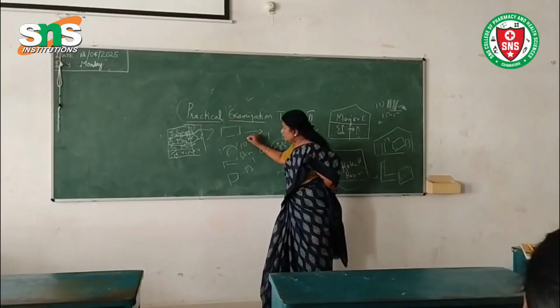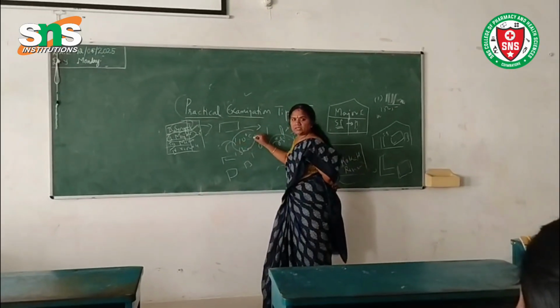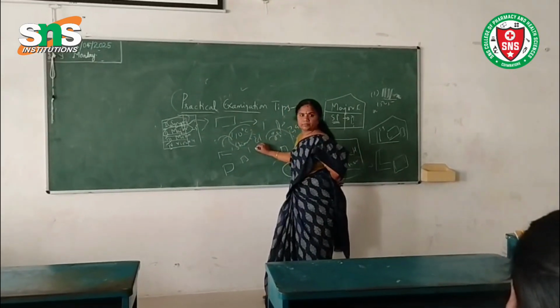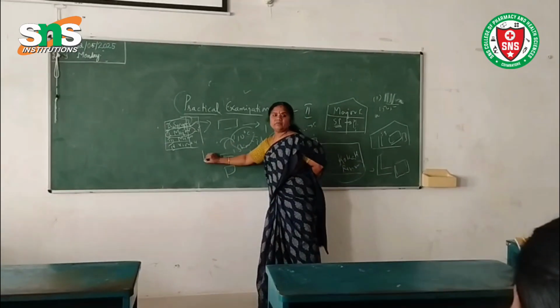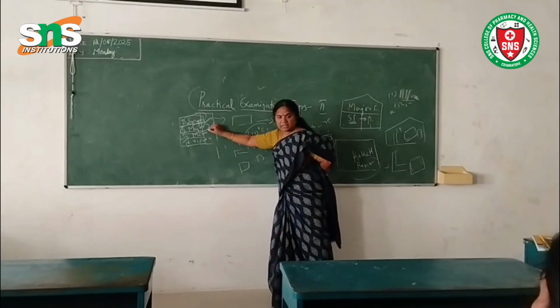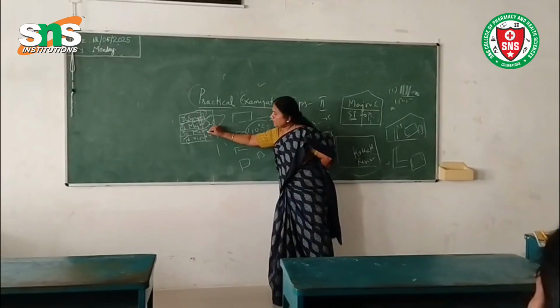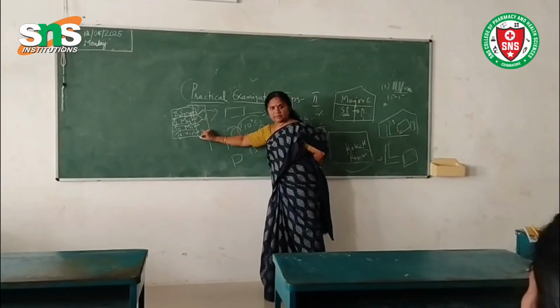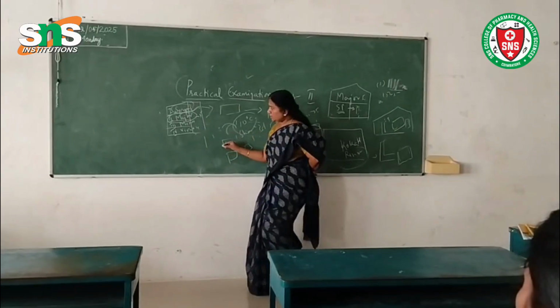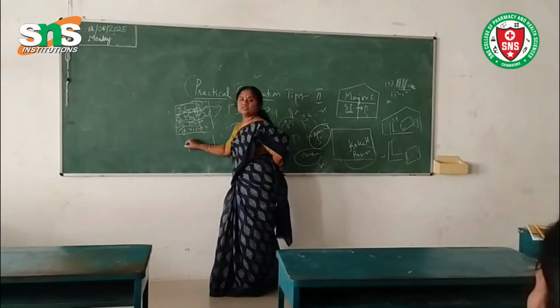Due to tension, if you are not maintaining it at 10 degrees, you may not get the product, so your work will be half done. You may not be able to complete the major experiment, so your minor experiment also will get affected, and your viva will also get affected. So while you are doing one work, focus on that one work.